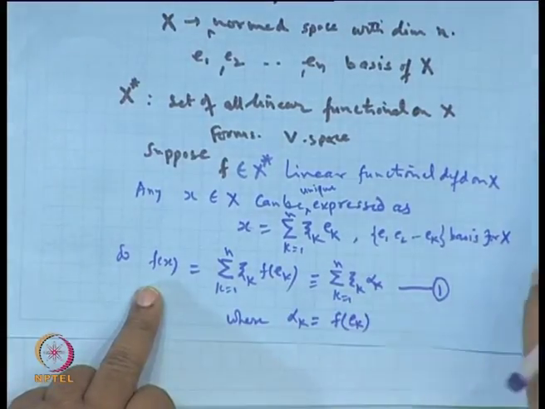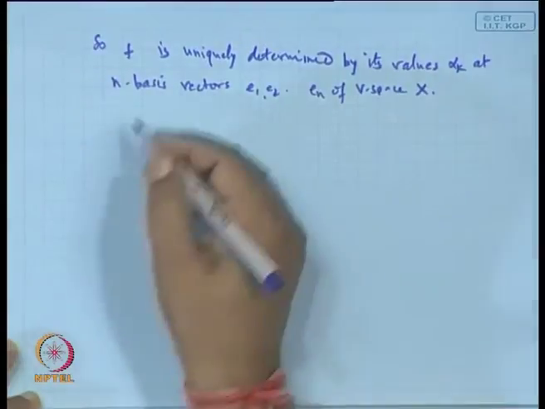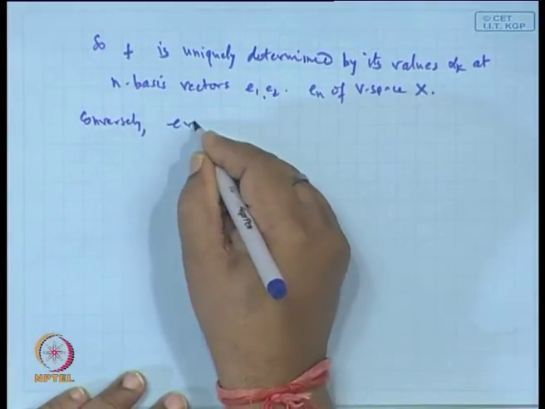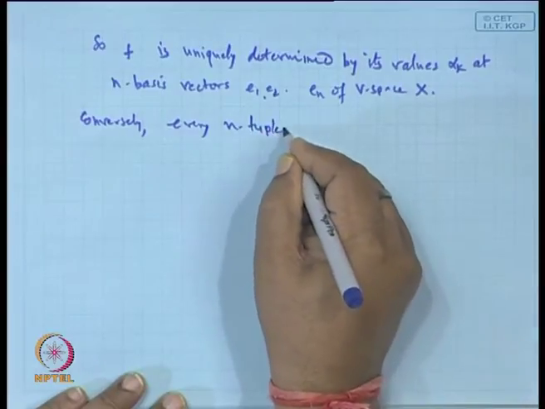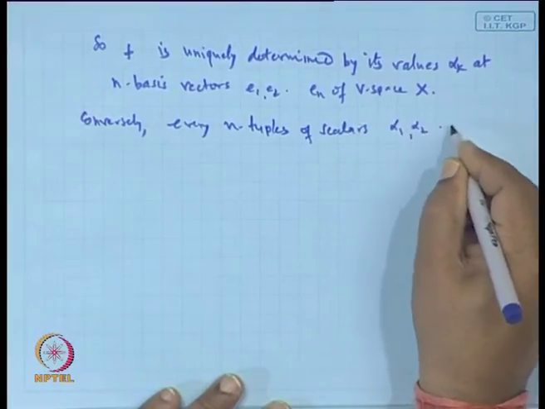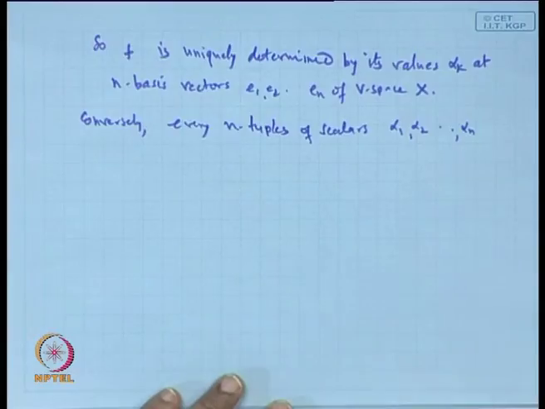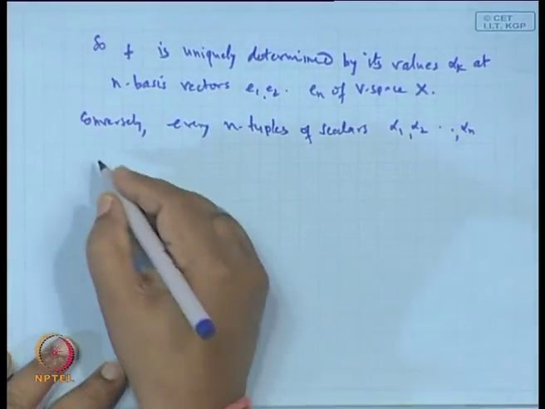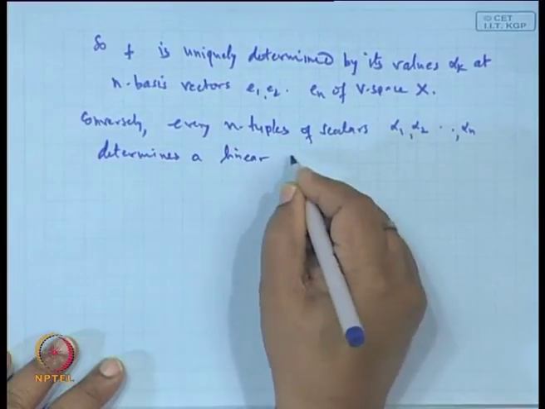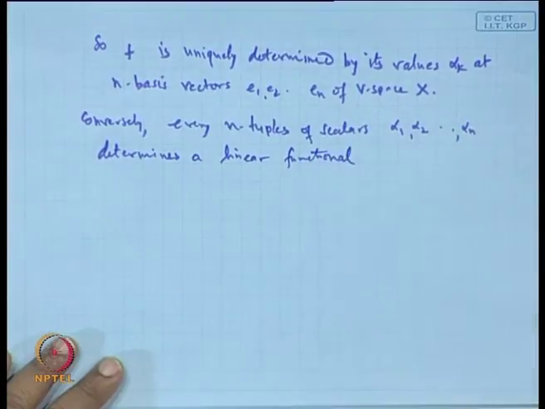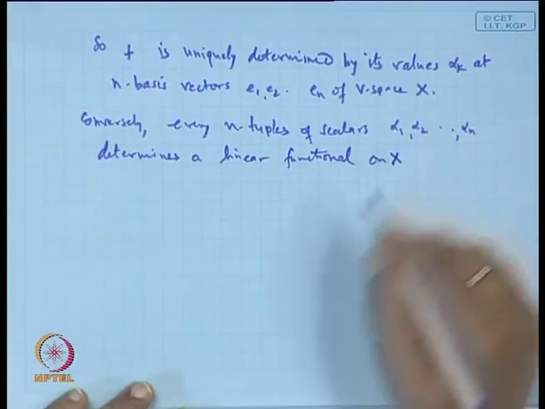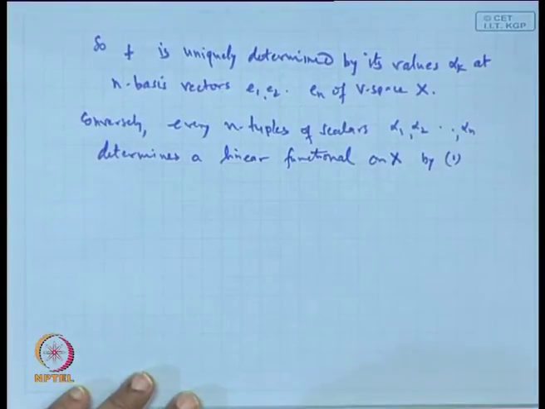So, conversely, every n-tuple of scalars alpha 1, alpha 2, ..., alpha n determines a linear functional on X by equation (1), is it not?